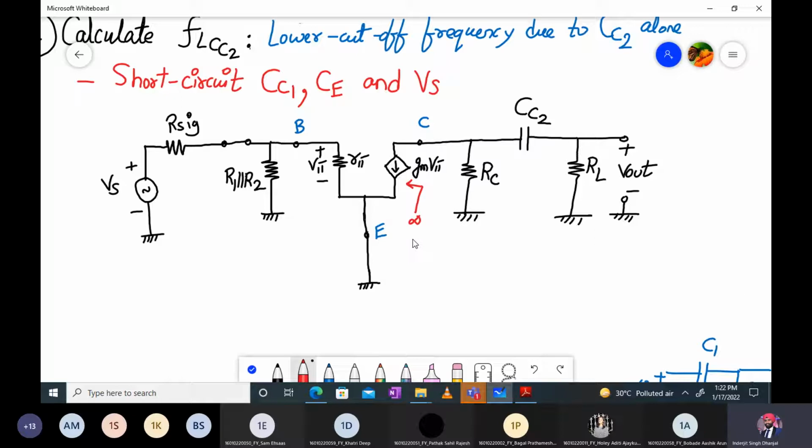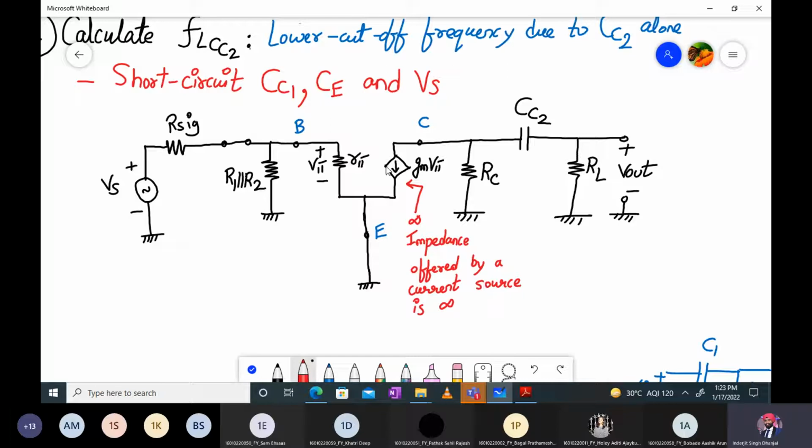So we can write over here in brackets: the impedance offered by a current source, this will be very handy, is infinite.